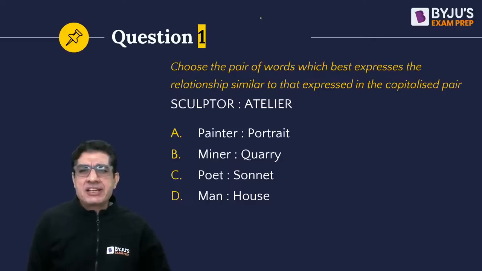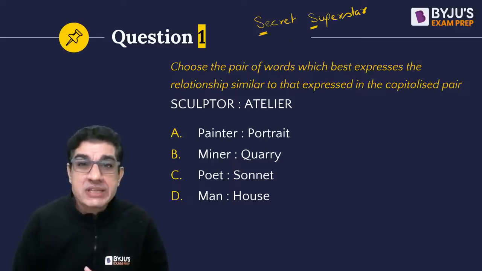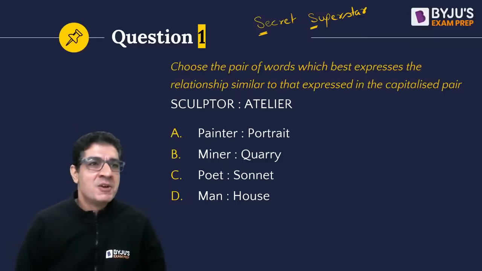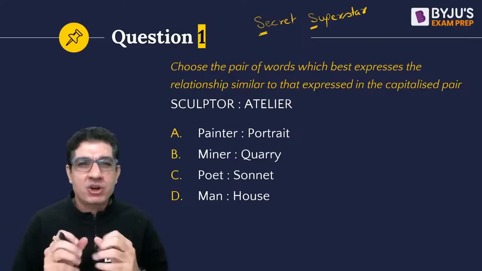For example, when I say secret superstar. You notice both of these words happen to have the same alliteration at the beginning. And in fact, if you watch these Hindi news channels, they use it a lot. There was a time when the Indian cricket team was led by Saurav Ganguly.